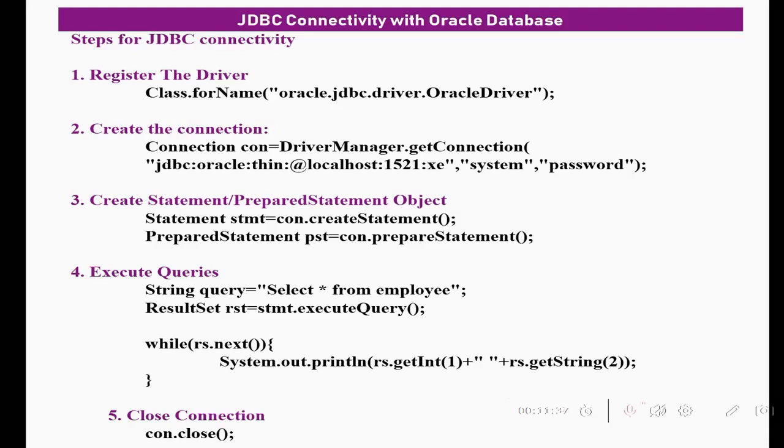With the help of a loop, that is while rs.next, and we will display the values of our data from here. Now the last step is to close the connection, con.close. Remember, we always have to close the connection in JDBC, otherwise it will cause slowness problems in our database.